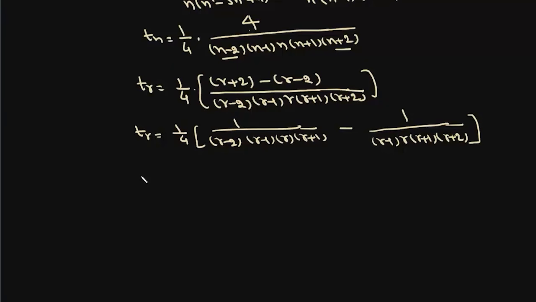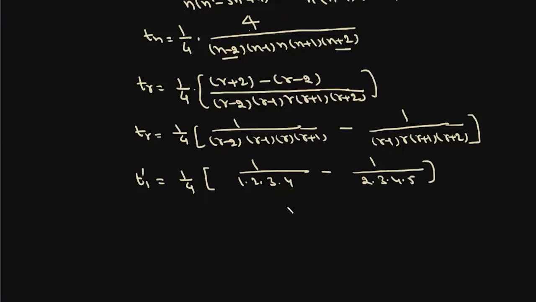Now this summation starts from r equals 3. So this first term, suppose it is t1 dash, will be 1 by 4, and if we put r as 3, we'll get this as 1, 2, 3, 4 minus 2, 3, 4, 5.